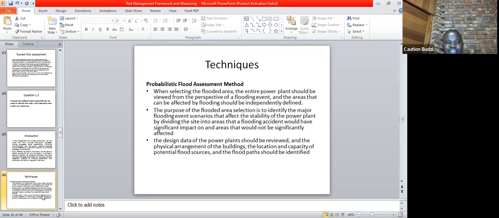After identifying these areas, different strategies to manage the floods could be implemented. So this idea uses the probability of occurrence of floods to calculate the extent to which the plant is prone to the floods.